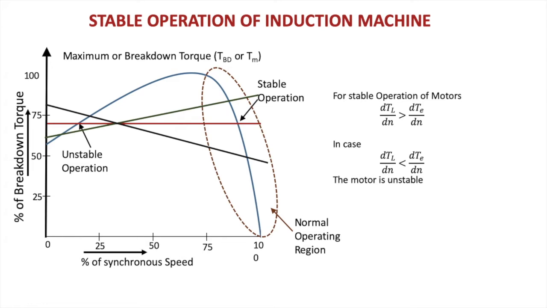If this condition is not satisfied, the motor gives unstable operation. That is, if the load torque variation with respect to speed is less than the motor torque variation, then the motor is unstable. That condition is only satisfied in the linear region near the synchronous speed. Hence, that gives us the stable operation of the induction machine.